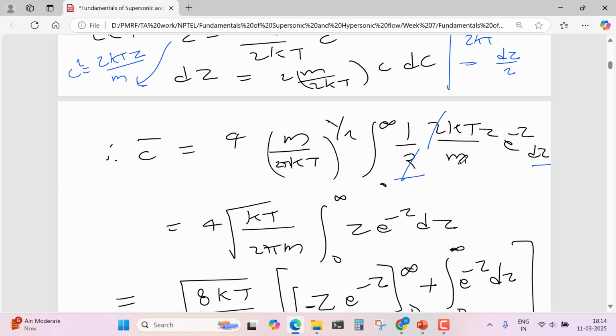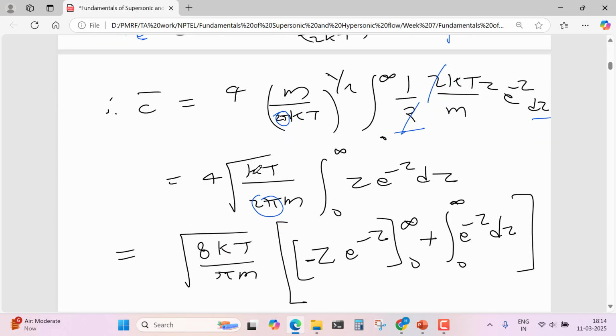The 2 pi will remain as it is, and kt upon m multiplied by under root m upon kt will become 4 under root kt upon 2 pi m. This 4, if we take it inside, will become 16. Divided by 2, it becomes under root 8 kt upon pi m. And this integration will remain: integration 0 to infinity z e to the power minus z dz.